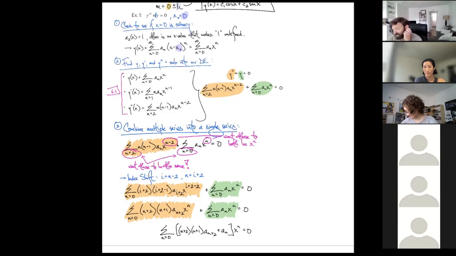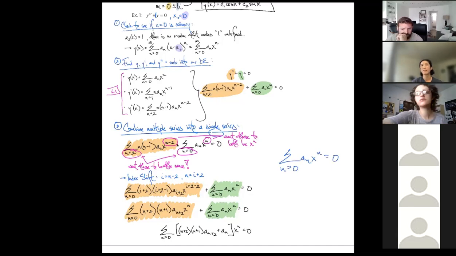All right. Well, there was another question that I asked you to think about in the homework last week. And that question was, let's say that you have something like that, right? The sum of your series equals 0.